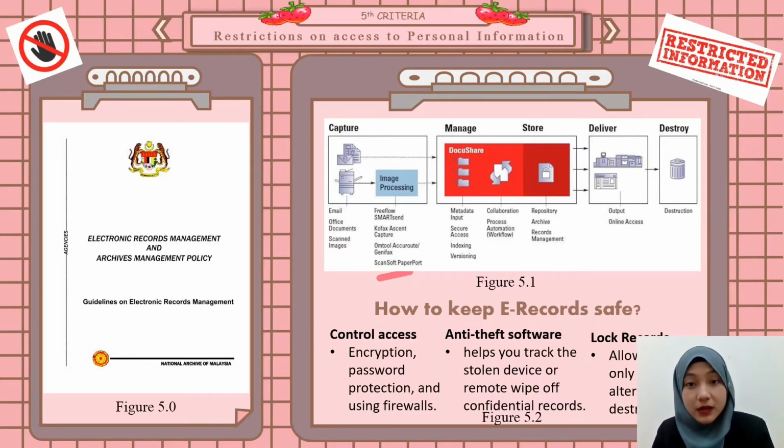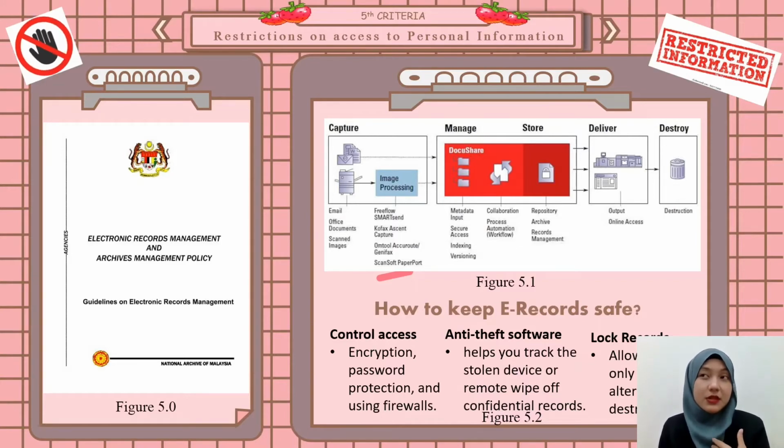As you can see, the appraisal must be done before the documents are actually captured. So the appraisal is done, and then the record is captured into the system, processed, and managed. In this managed part, metadata input, secure access, indexing, and versioning happen, deciding whether the information should be online, for public use, or privatized for certain authorized persons only.